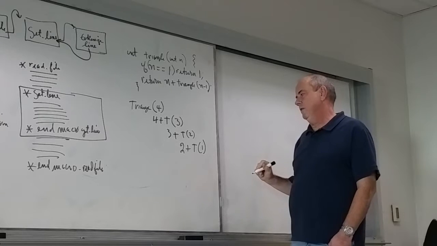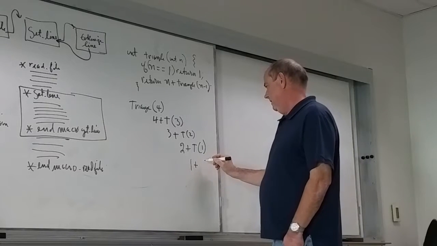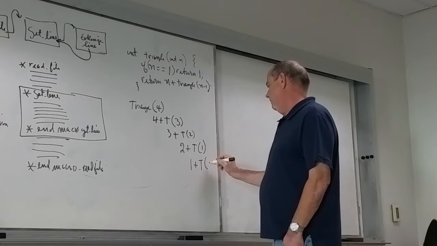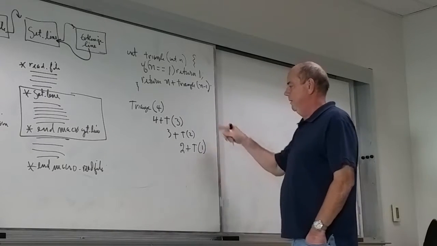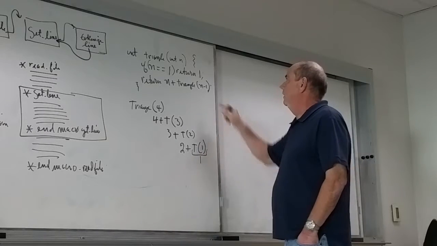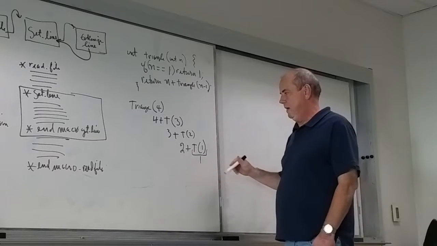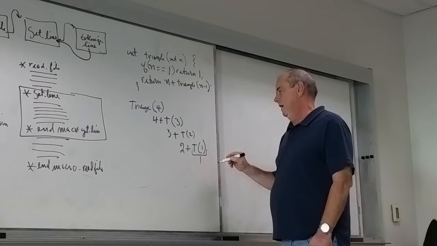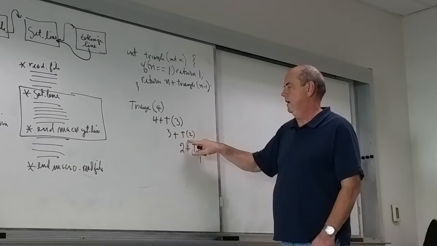Okay. So now we call triangle of 1, we have 1 plus triangle of, well, that's where we return. Here we come back because it's 1. So the return value here is 1. So we return 2 plus 1 is 3. So this replaces this call with 3.